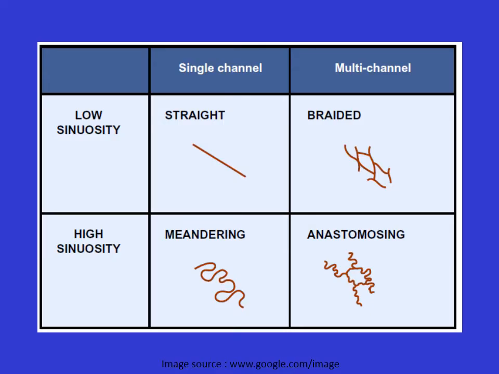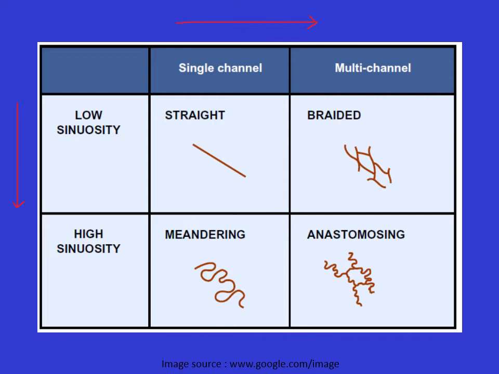Now, depending on the values of sinuosity and multi-channelness, here in the y-axis we put the values of sinuosity, and here in the x-axis we put the values of multi-channelness. And this multi-channelness term, in many books you will also get as similar to braiding parameter.